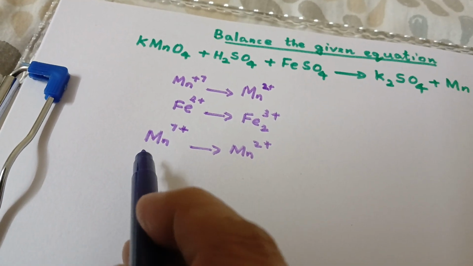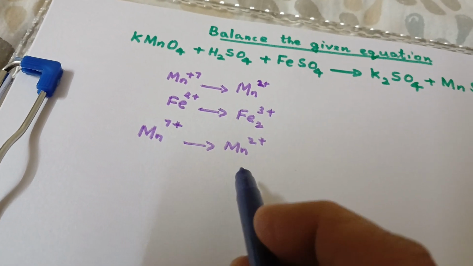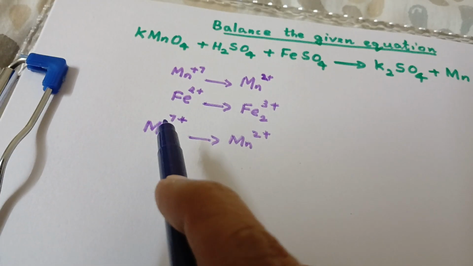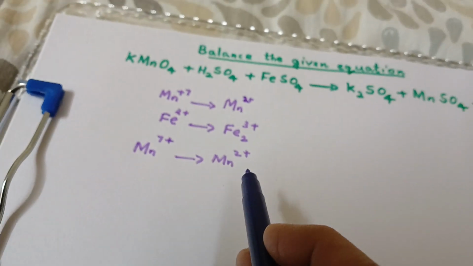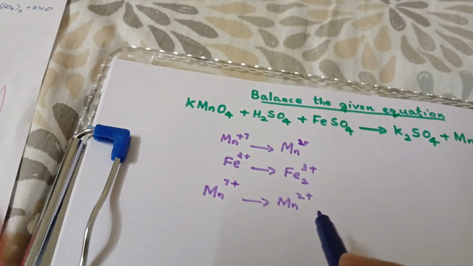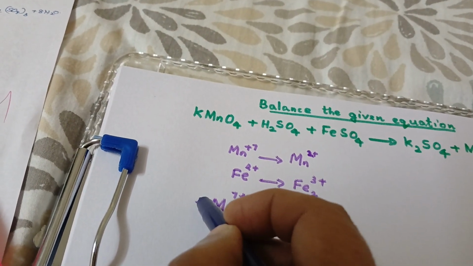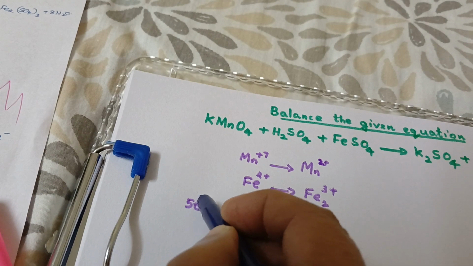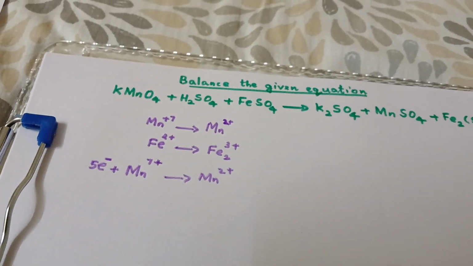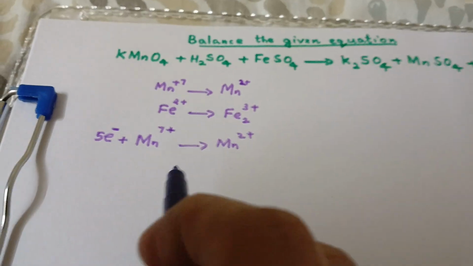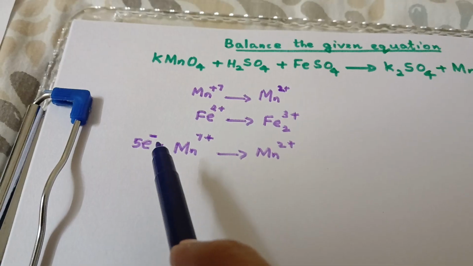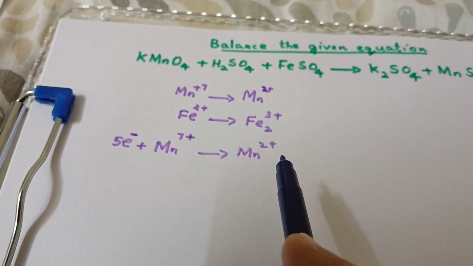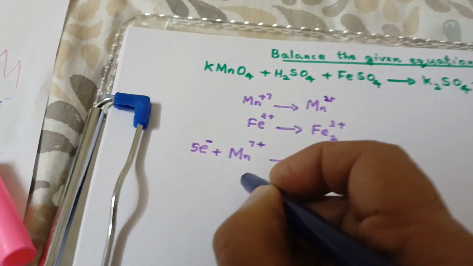On the left hand side there is +7 and on the right hand side there is +2. The difference is 5. So let us add 5 electrons to the more positive side. Now the charges are balanced. -5 and +7 will give you +2, right hand side +2.